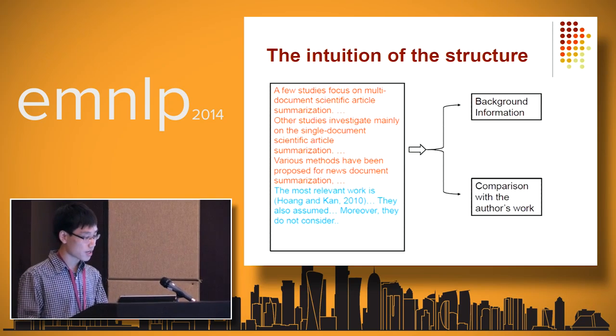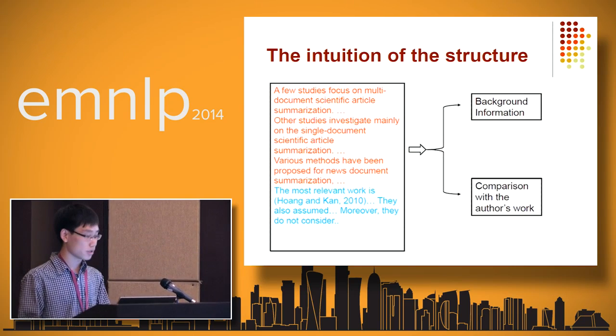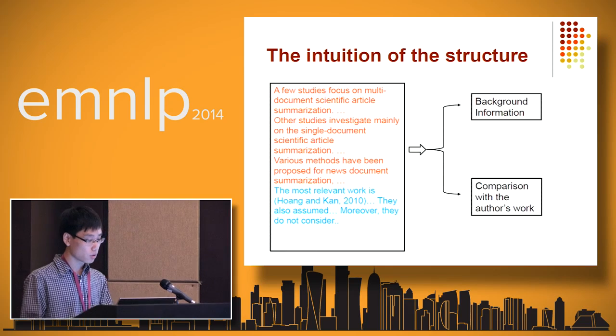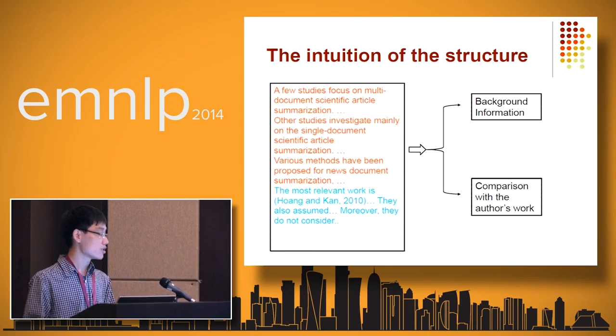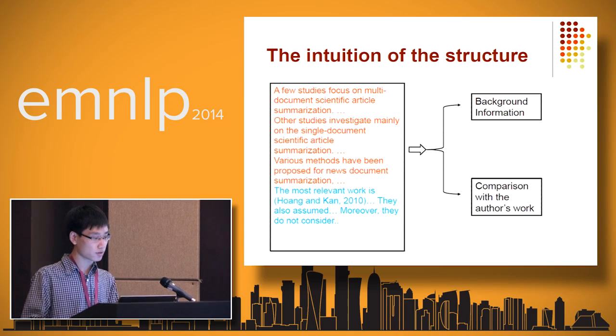And besides all the background knowledge, the author often compares his own work with the previous work. The differences and advantages will be mentioned. So this example gives us the intuition of the structure of the related work section.